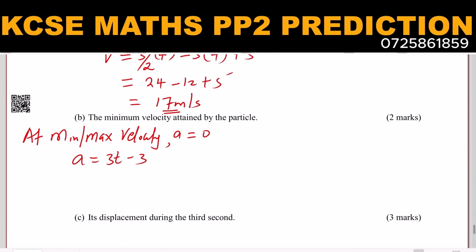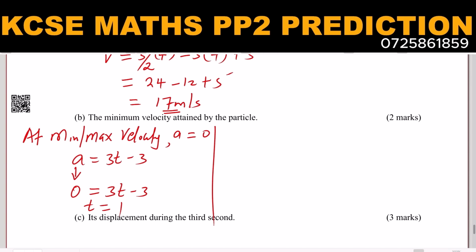And at minimum velocity, acceleration is 0, so simply substitute: 0 is equal to 3t minus 3. This will give us the time when it attains minimum velocity, and t will give 1. So when t is 1 second, that is when it attains minimum velocity.